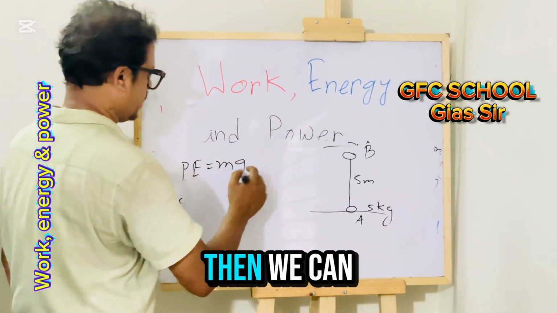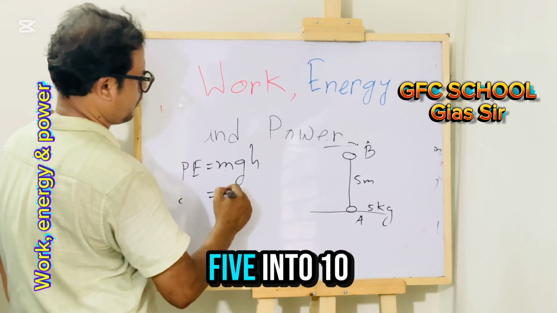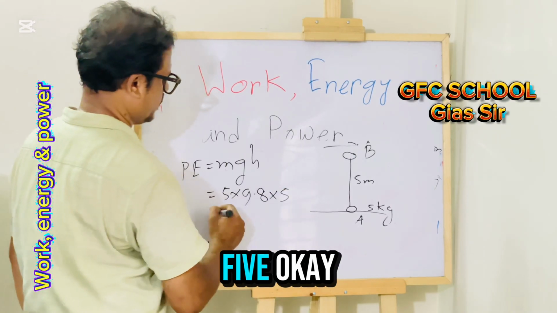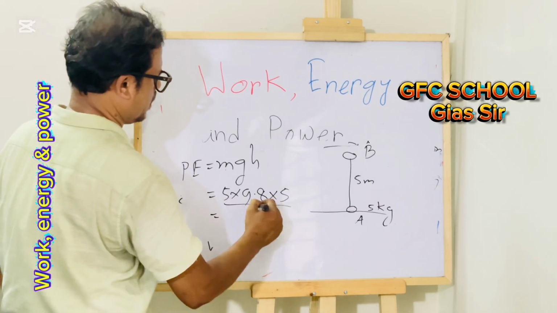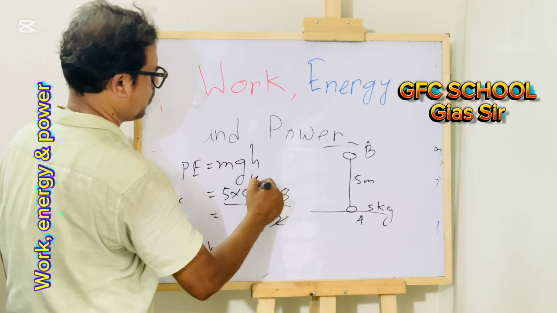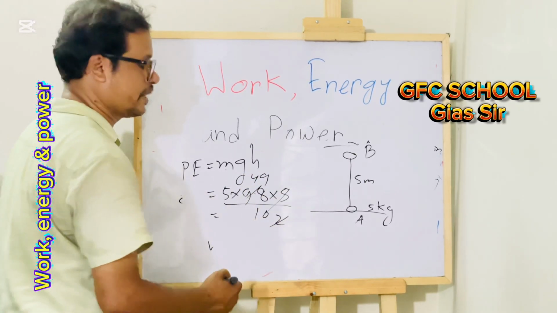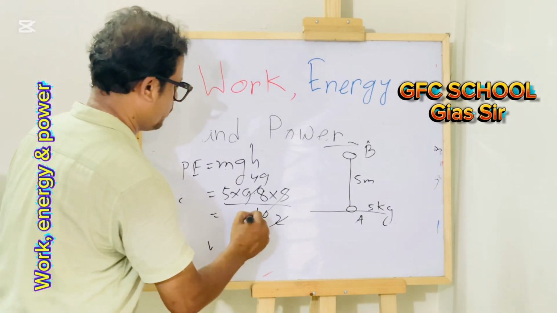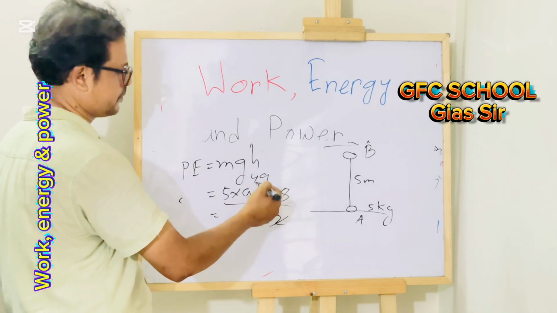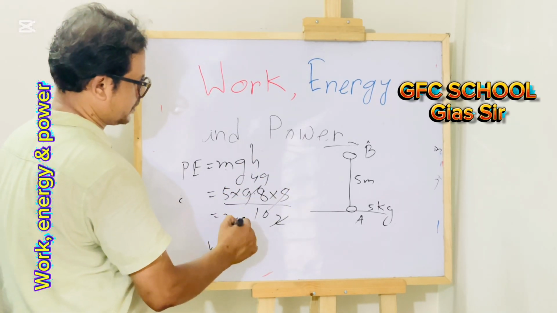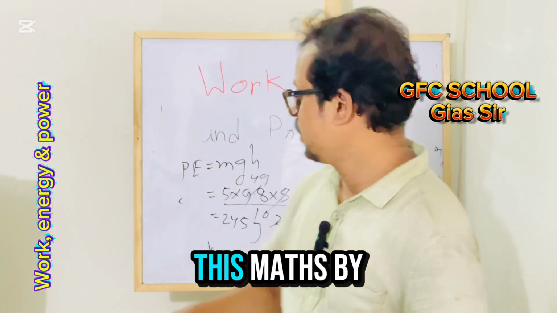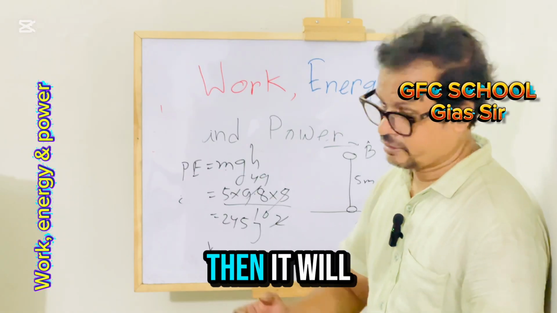Then we can simply find out 5 times 9.8 times 5. 5 times 9 is 45, 4 times 5 is 20, 245. This is actually joule, 245 joule. You can do this mathematics by calculator, then it will be easier.